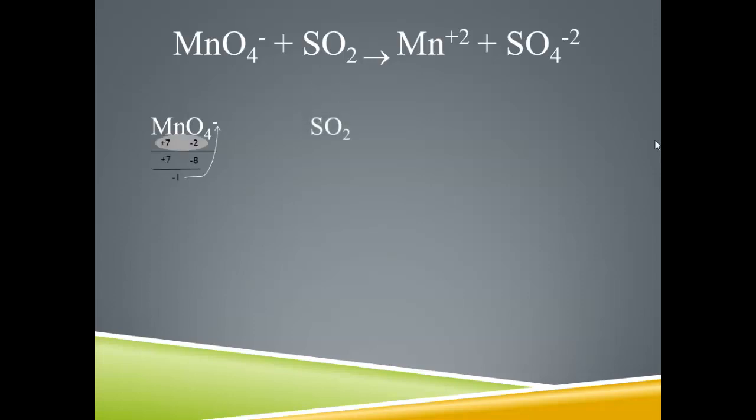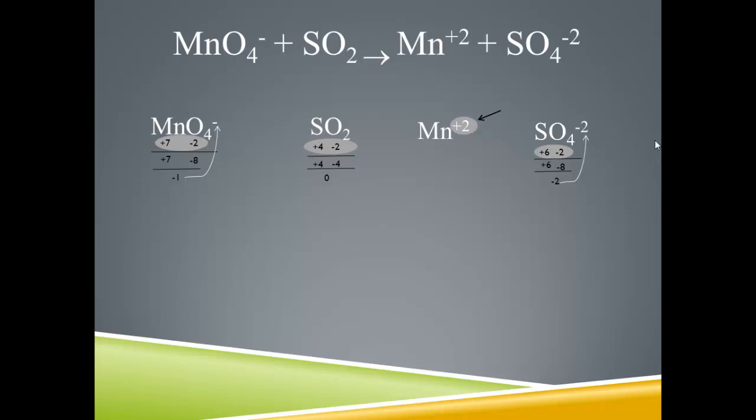Second term, oxygen's a -2, there's 2 of those, so sulfur has to be a +4. In the third term, that is a monoatomic ion, and the rule states that a monoatomic ion has an oxidation state of its charge. In the last term, oxygen's a -2, there's 4 of those, so that's -8, the sum has to equal -2 because of the charge, and so sulfur is a +6.